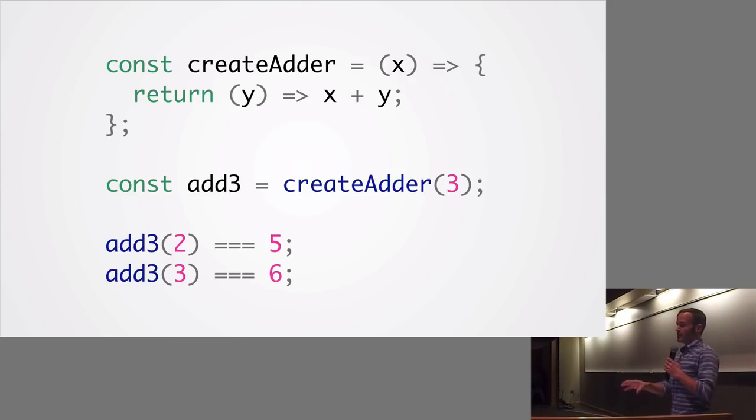So I return this new function. It takes a y as argument. And then inside, we finally do our computation, x plus y. So we can kind of delay our computation, but we can use this as a small building block to build other functions without explicitly writing them. So I can create a function that adds 3 to whatever's passed in just by calling createAdder with 3. I'm essentially filling in x to be 3.